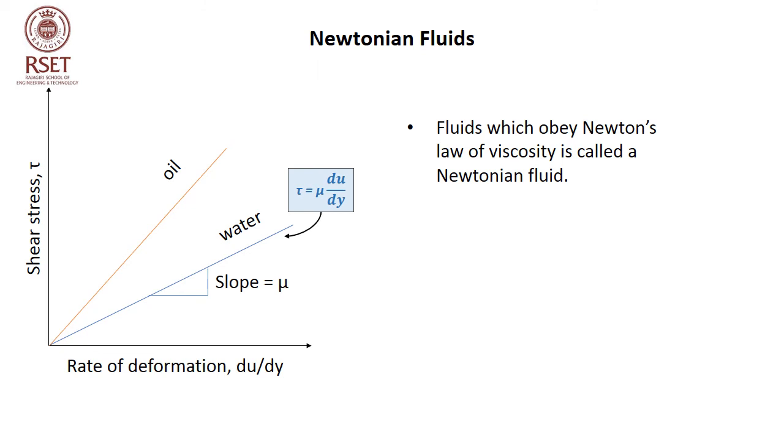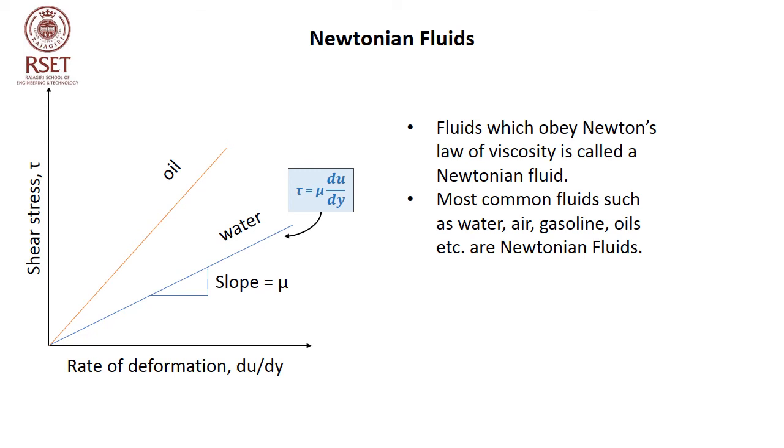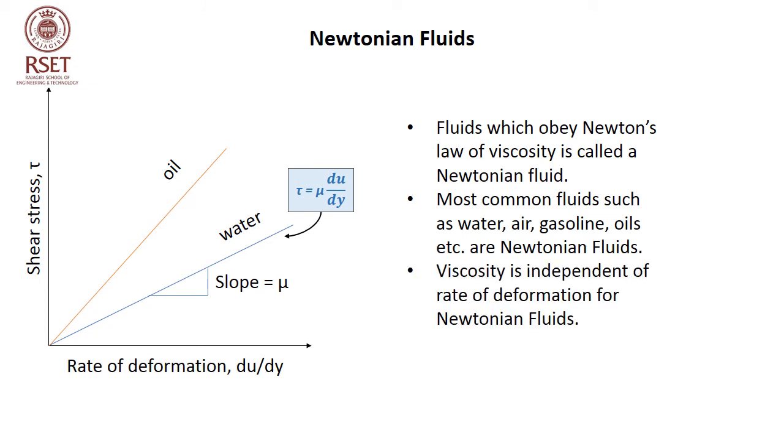The fluid which obeys Newton's law of viscosity is called a Newtonian fluid. The most common fluids, water, air, gasoline, oils, etc., are some examples of Newtonian fluids. Here the viscosity is independent of the rate of shear strain for a Newtonian fluid, but all fluids are not Newtonian in nature.